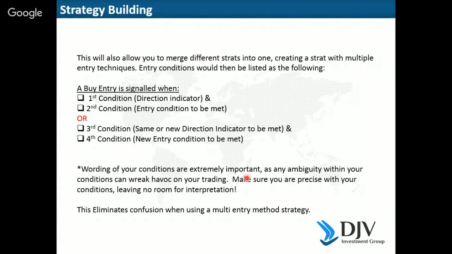Remember, like I always say, whenever in doubt, stay out of the trade. So make sure you are precise with your conditions, with no room left for anybody to interpret what it's supposed to say. It needs to say exactly what needs to happen. This eliminates any confusion when using multiple entry method strategies.